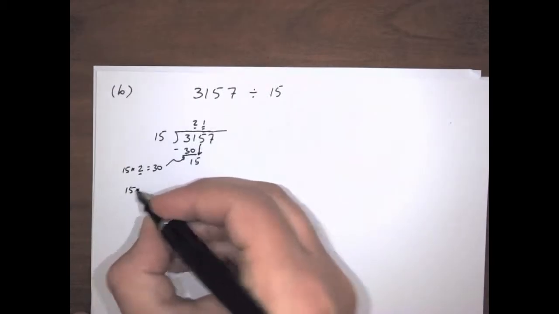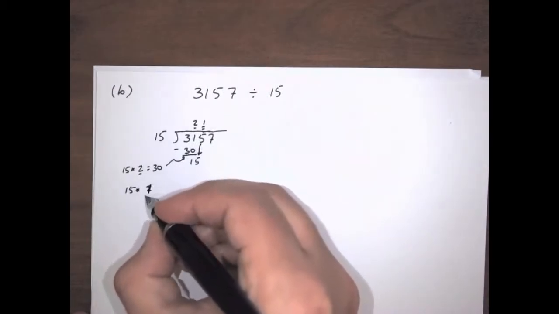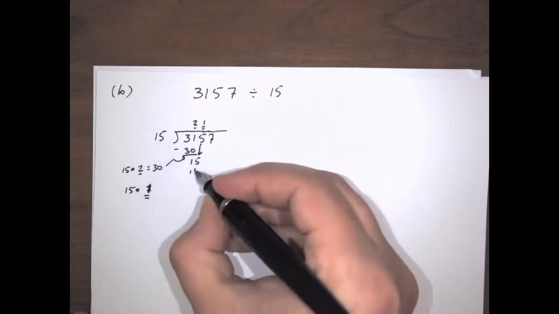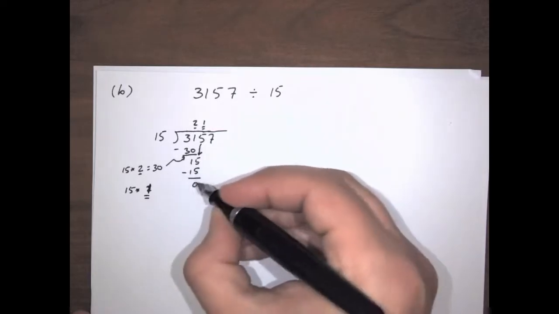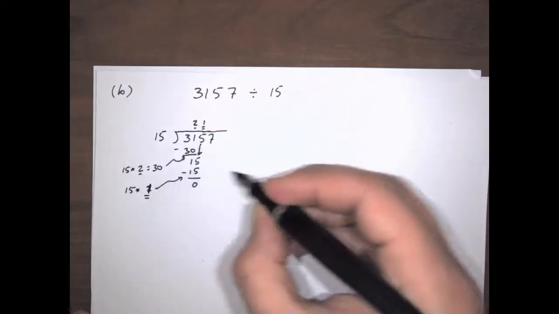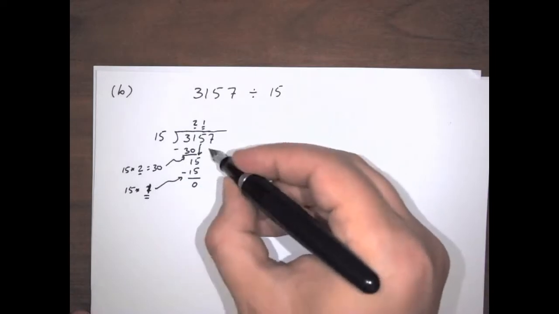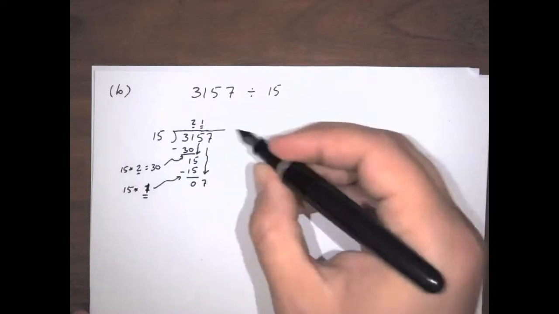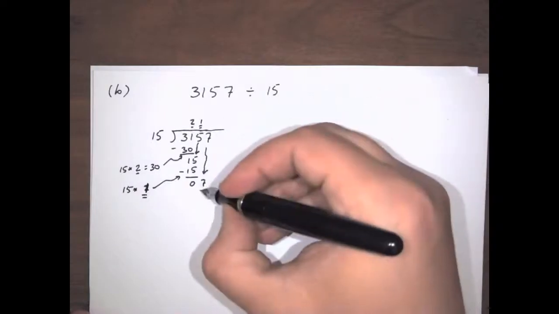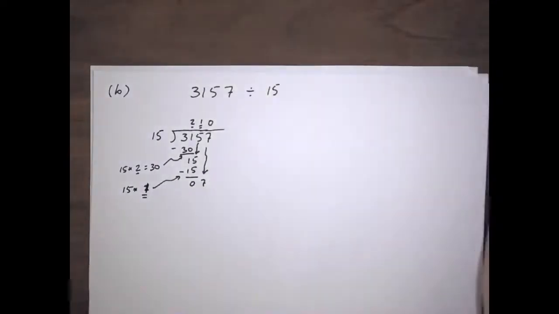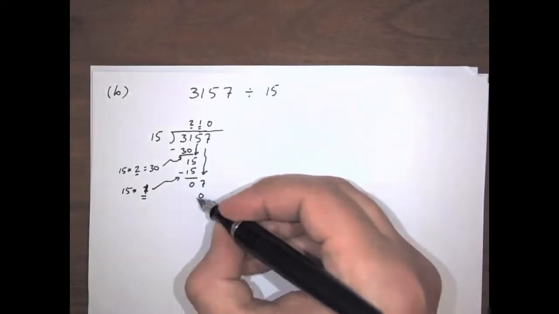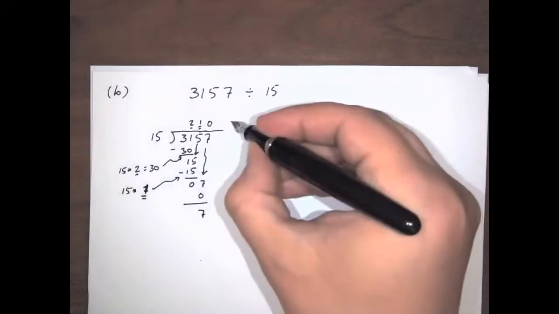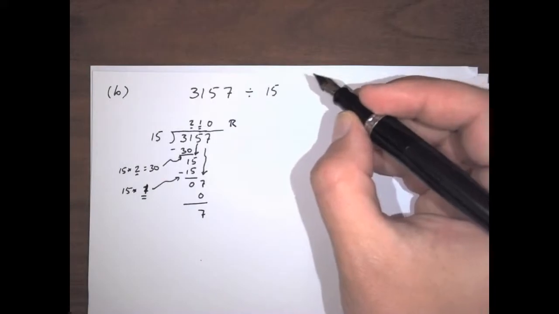And so then that's going to be 15 times 1, so it goes down here, 15. And so when you subtract, that's going to make it 0. And then you bring down the 7. And then it doesn't go in there at all. So that's 0, 7, and then that means there's a remainder of 7.